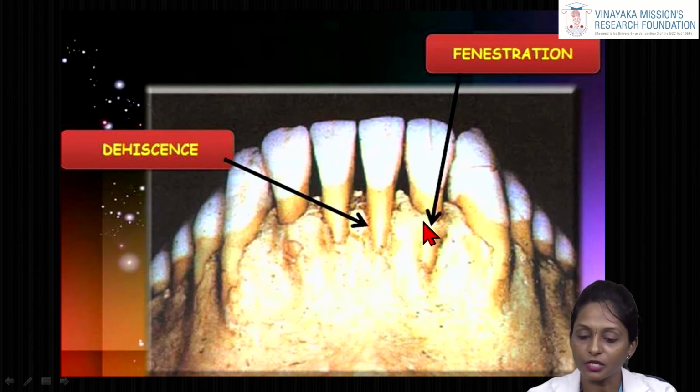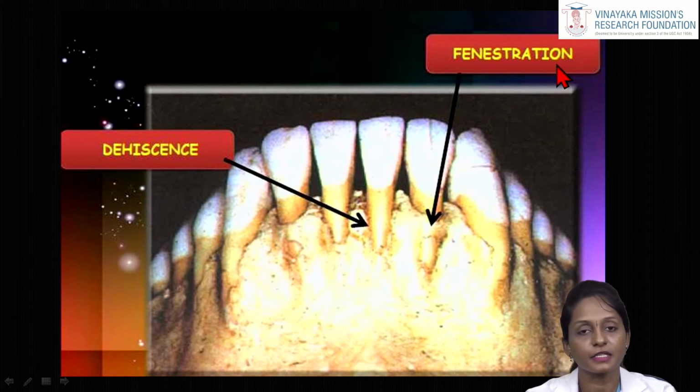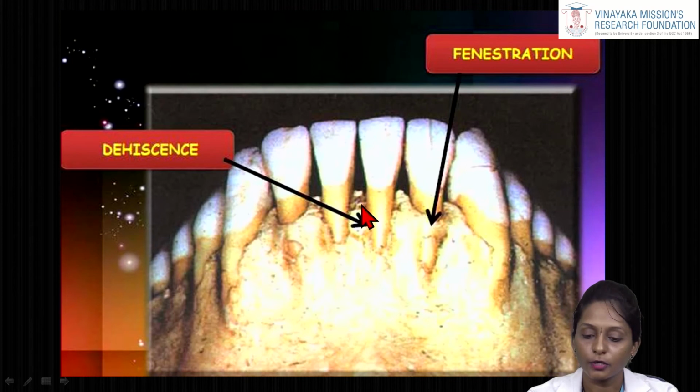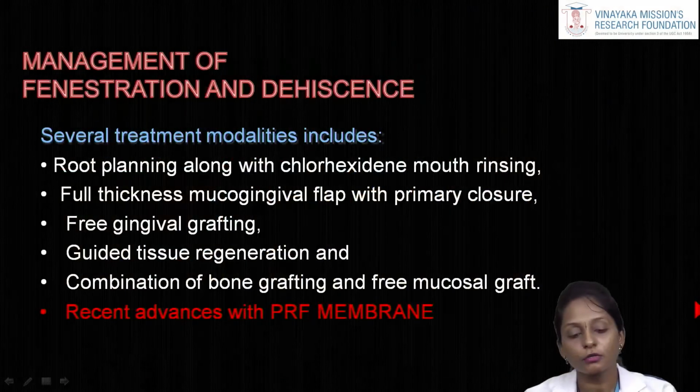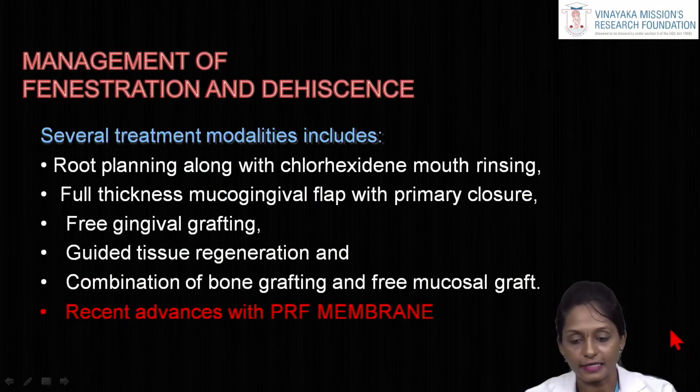You have marginal bone intact here, here the bone is missing, exposing the underlying root surface. This is your fenestration. Moving on to 3-1, here you can clearly see the dehiscence. There is no marginal bone over here and it is completely denuded of bony surface, and this defect is called dehiscence. Is it clear now? So, moving on to the management of fenestration and dehiscence.